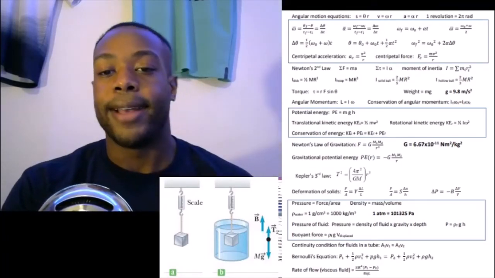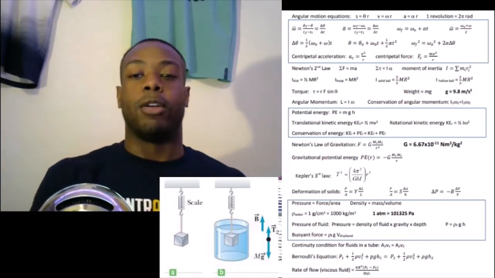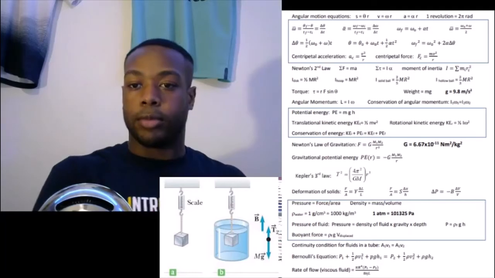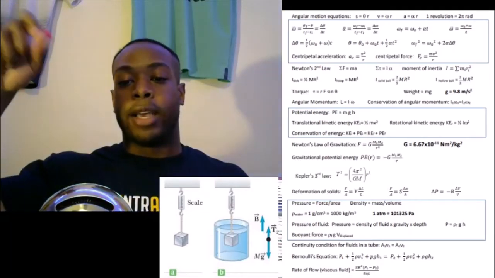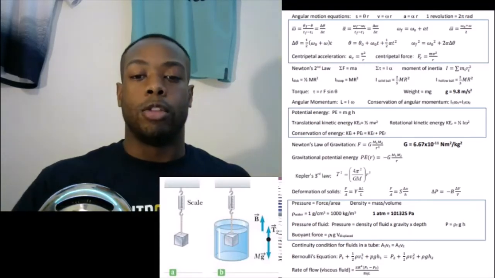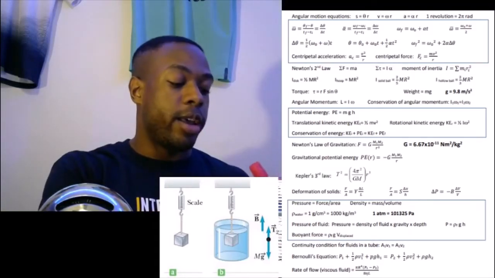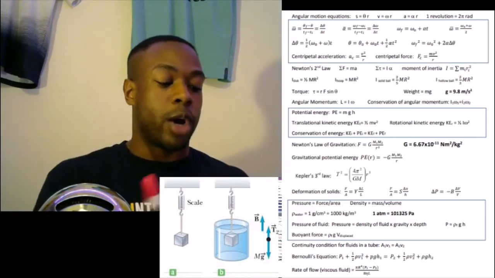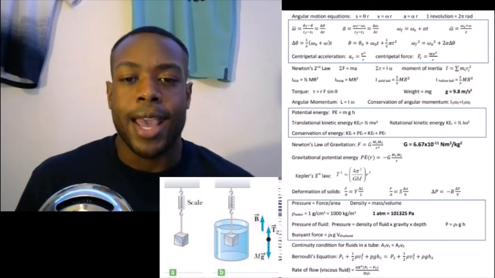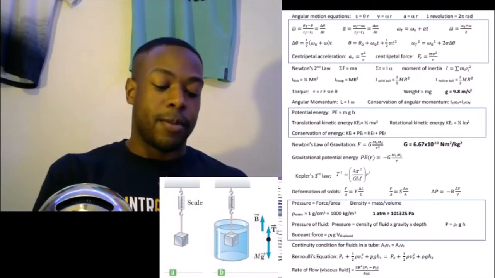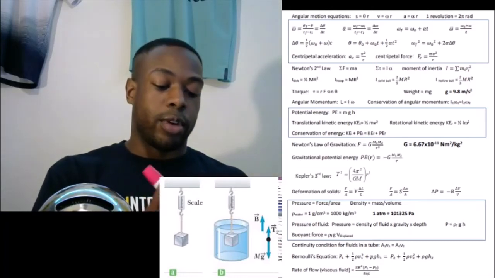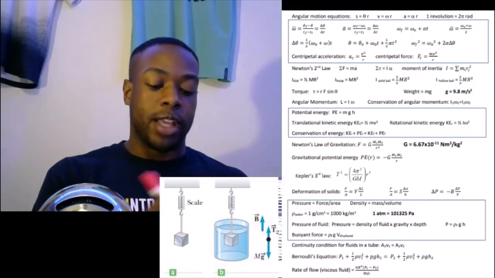So we know that the weight of our object is going to be 6 newtons. When we put the object in the water, it reads a lighter weight. Do we know why it reads that lighter weight once we put it in water? That would be because of the buoyant force.